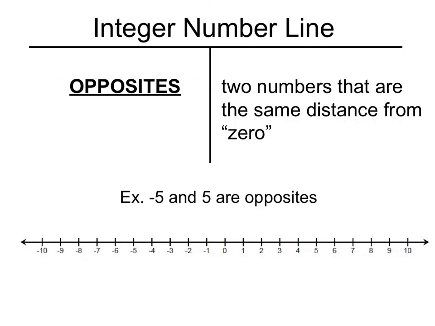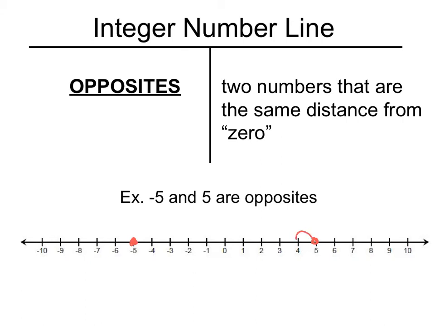All right, now we come to the word opposites. What does opposites mean for numbers? Opposites are two numbers that are the same distance from 0. For example, -5 and 5 are opposites. So if we look at our number line, starting at 0, I have the number 5 and I have the -5 on my number line.